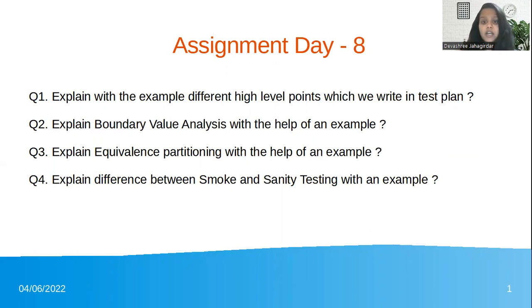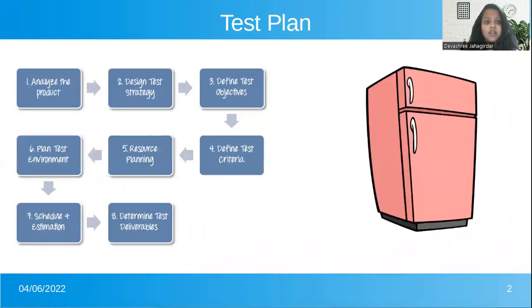Now we'll look at what high-level points are included in the test plan. It includes: analyze the product, design the test strategy, define test objectives, define test criteria, resource planning, plan test environment, schedule and estimation, and determine the test deliverables. Here, consider a product to be developed, right? Analyze the product means the first step is to analyze the product.